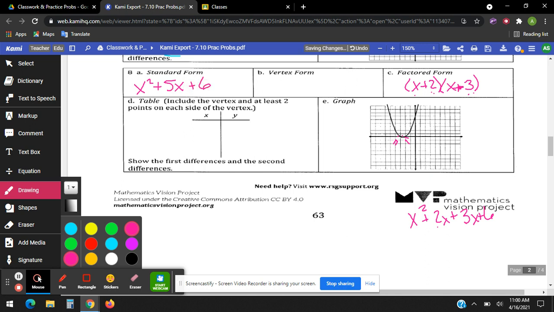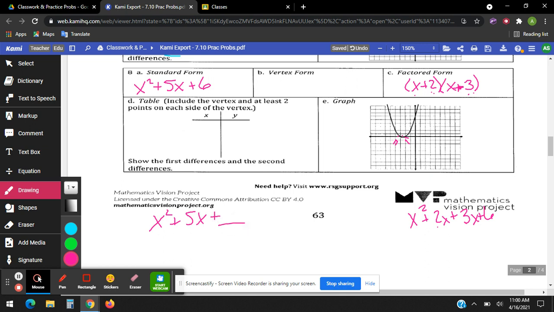And so then from here, I can go to my vertex form. So x squared plus 5x plus, we don't know. But if I divide by 2, I get 2.5. And 2.5 squared is 6.25.